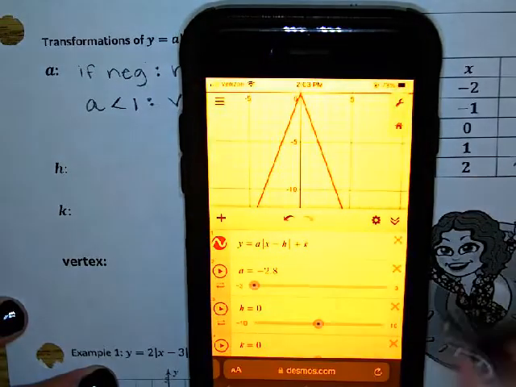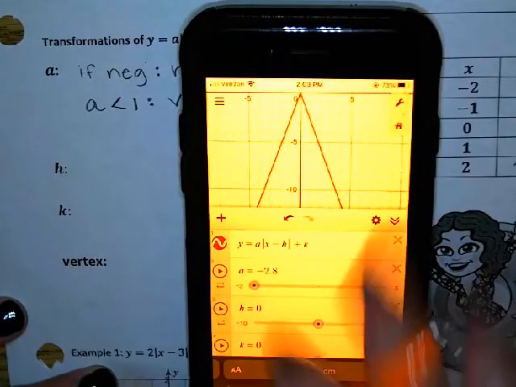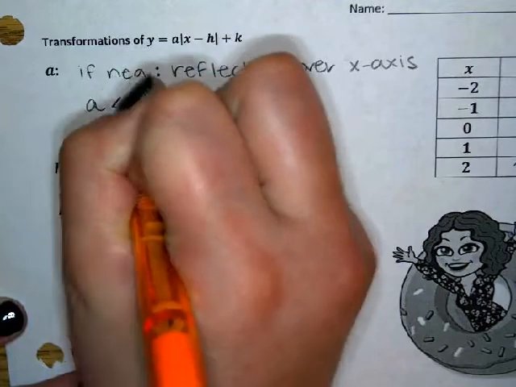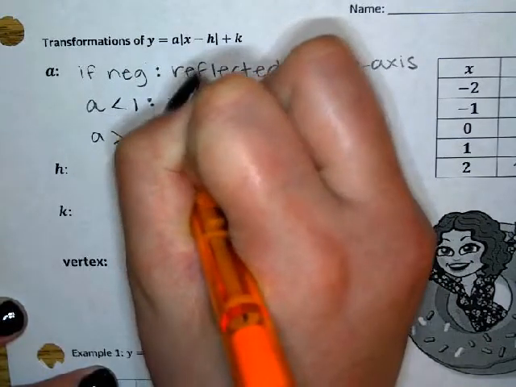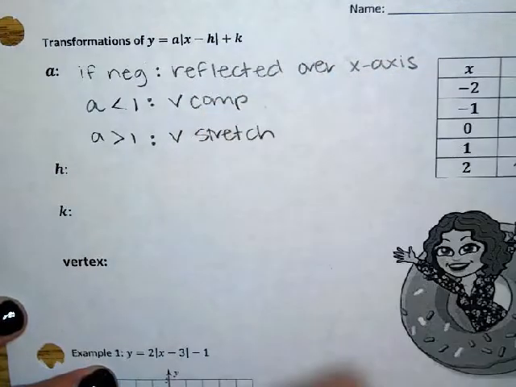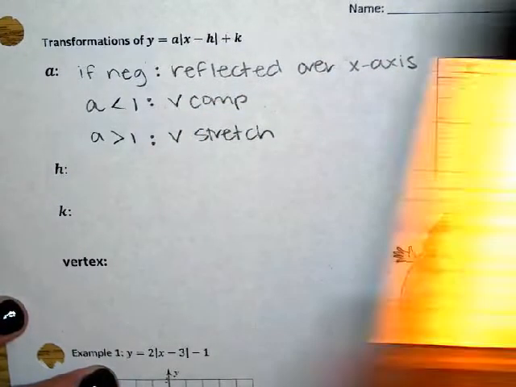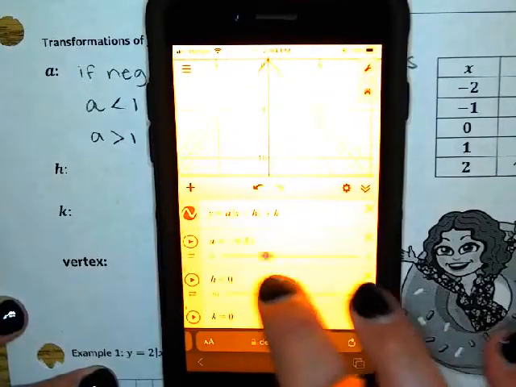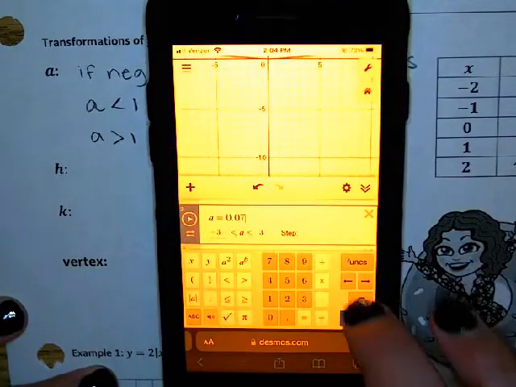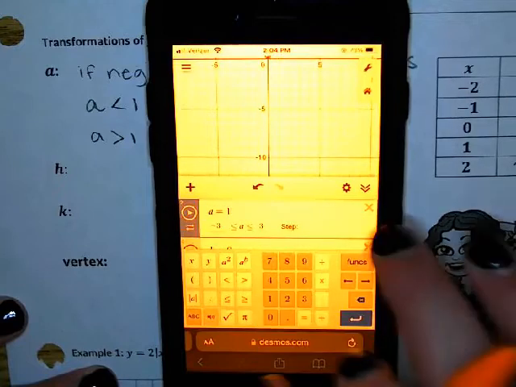So again, the negative, all it does is it reflects it upside down, but the bigger numbers make it tall and skinny. So if A is greater than 1, we're going to say that that graph is vertically stretched. Okay? Next, let's go ahead and we'll put this A back to that normal. I'll make it 1, just like normal.